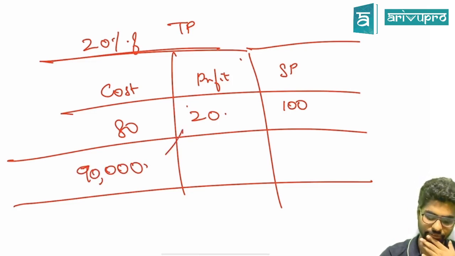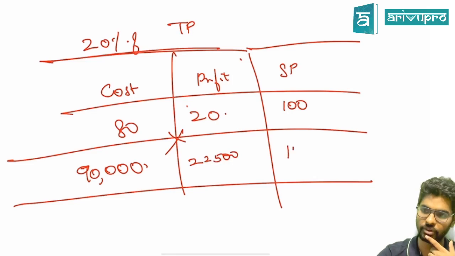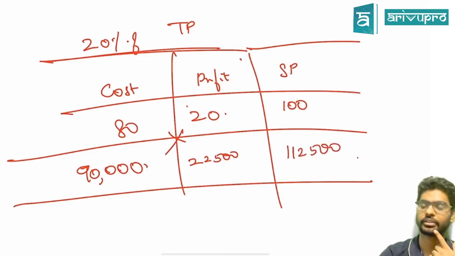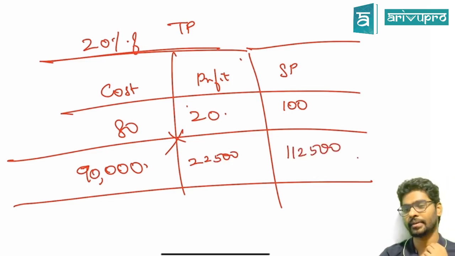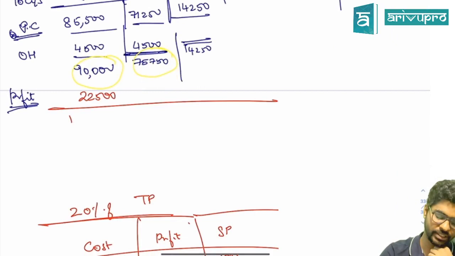If I do the math, the profit will become 22,500. Therefore, my selling price will become 112,500. Are you clear? So, I will write profit 22,500. Therefore, I'll be transferring it at 112,500.